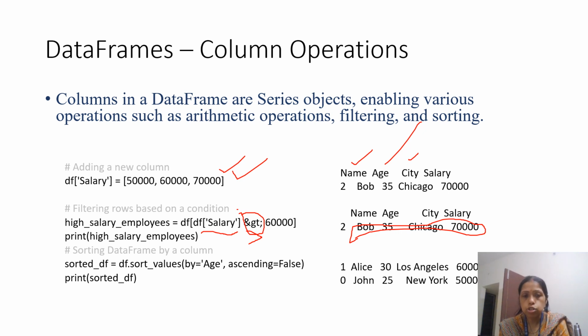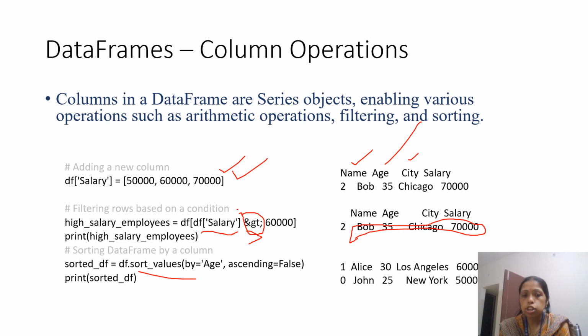So I want to create a new data frame where the sorted values will be there. sorted_df is equal to df.sort_values. There is one function that is called sort_values. I have to apply the sort_values function on the df, and we have to pass the argument according to which column you are sorting the data frame.